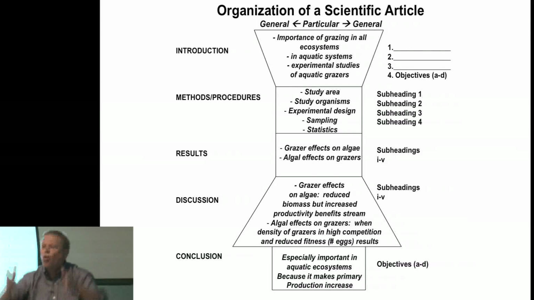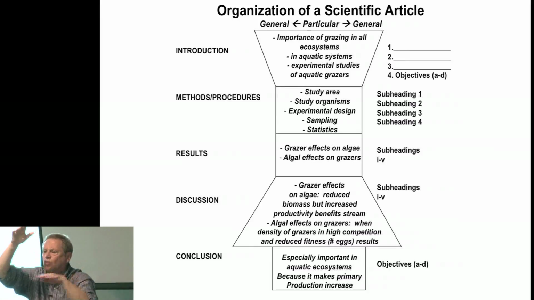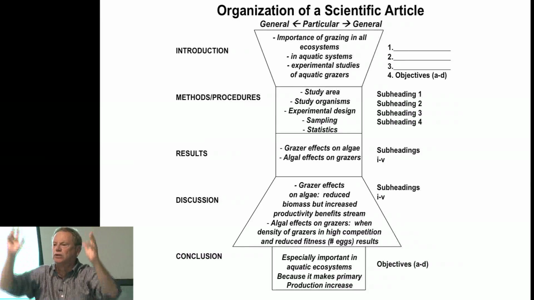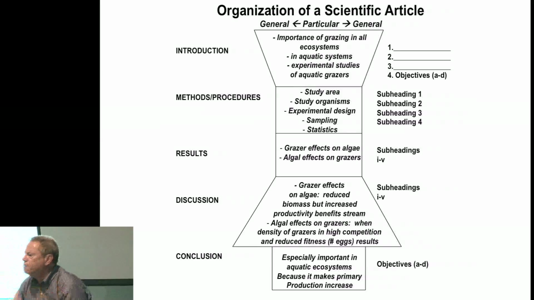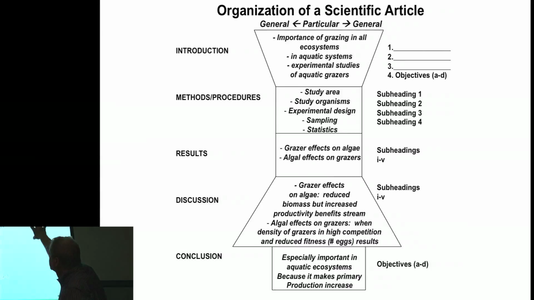But you notice they are all parallel, they're all equal. We don't go from a big to a little, we're making each section a topic in itself. The study area, the study organisms, the experimental design, the sampling, and the statistics.